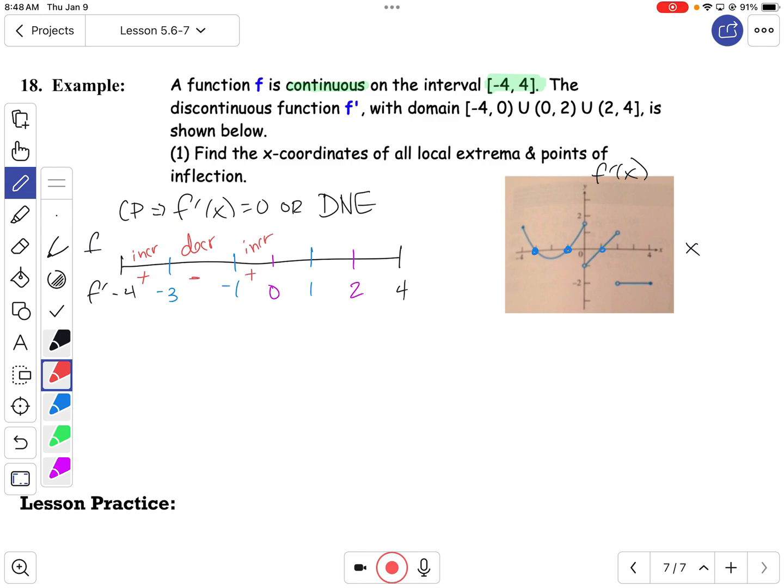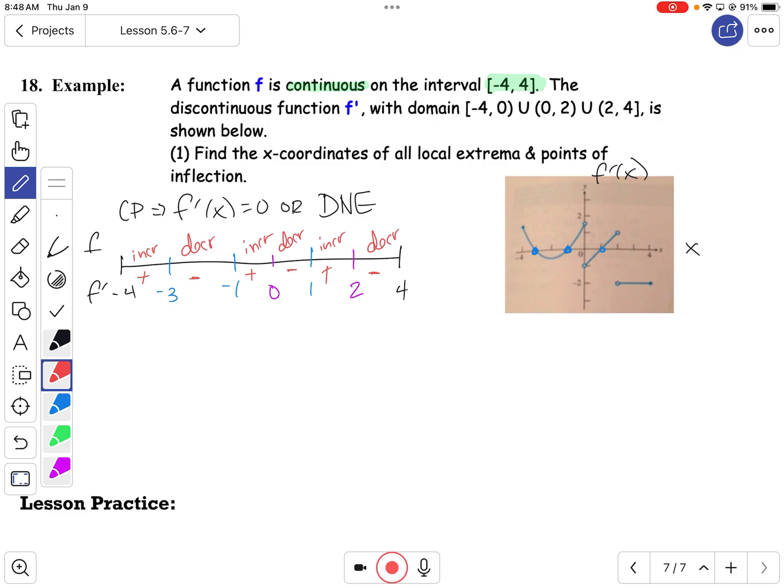From 0 to 1, negative, so we're decreasing, and then from 1 to 2, positive, so we're increasing, and then from 2 to 4, negative, so we're decreasing, okay? Why is that important? What's it going to tell me if I know where it changes from increasing to decreasing? It's going to give me my extrema.